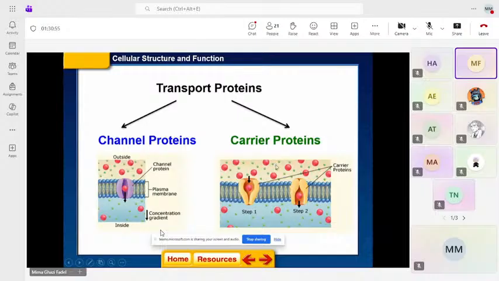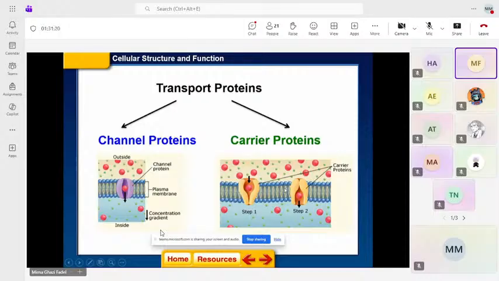But here in the carrier protein, step 1 and step 2, the red molecule in this example is a molecule that is big in size, like for example glucose, which the cell needs, by the way. It has to enter the cell. But since its size is big, it cannot cross the phospholipid bilayer, so for sure it has to use a carrier protein. So this is step 1, step 2.